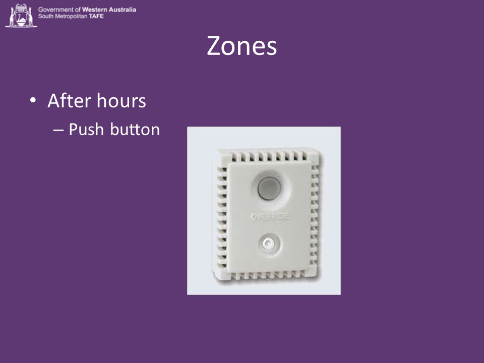The problem with that is that nobody ever pushes the button when they leave. So I always prefer to put a timer on them. Once again, you need to think about this. We need to construct the system such that we don't have the entire building's aircon come on because one person is working after hours.